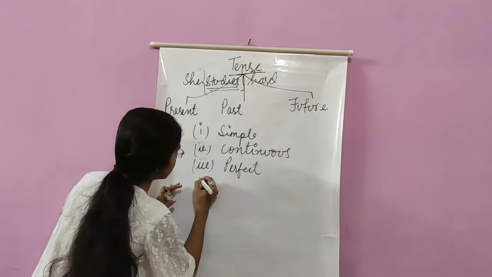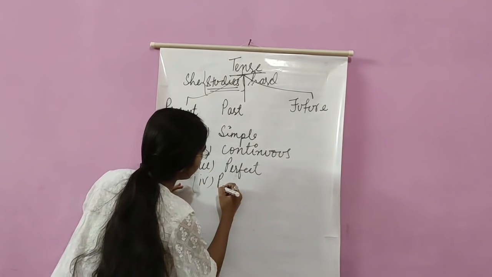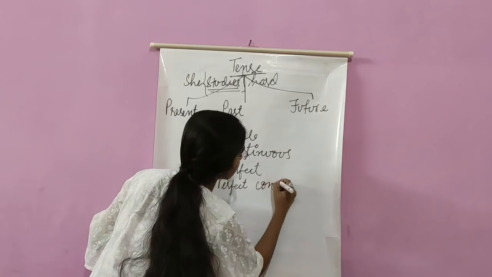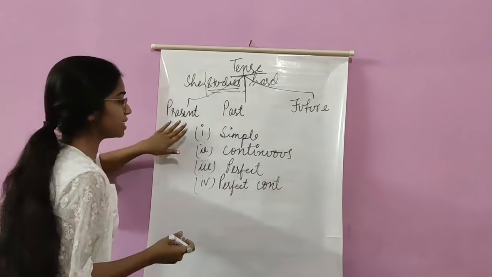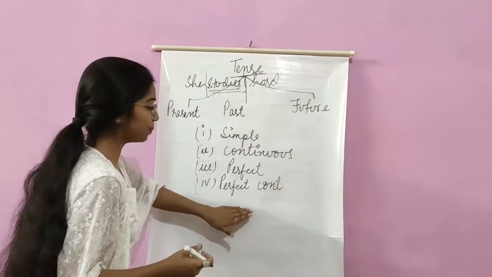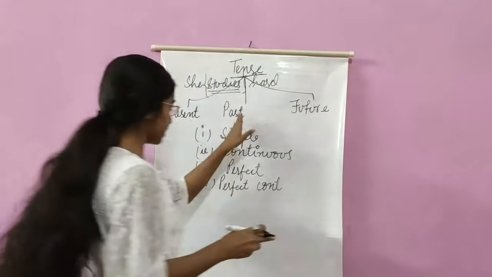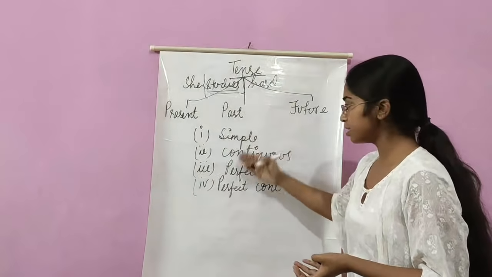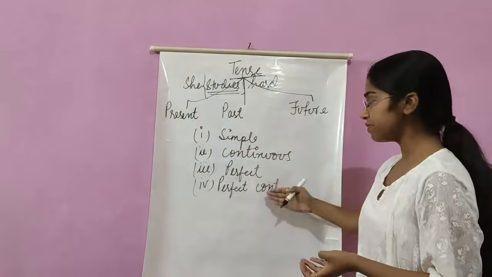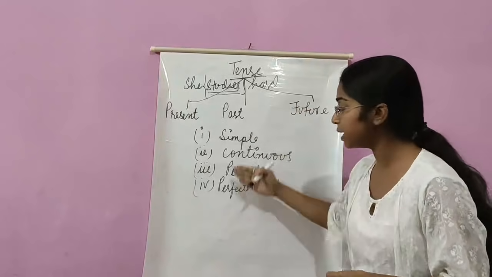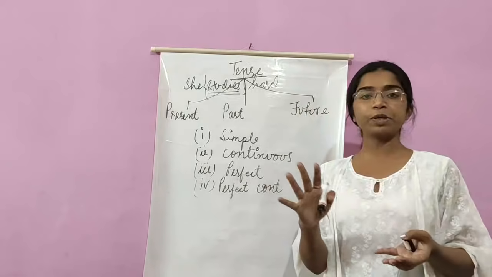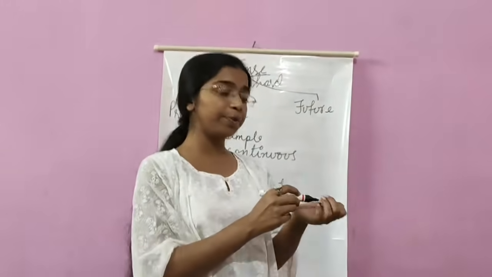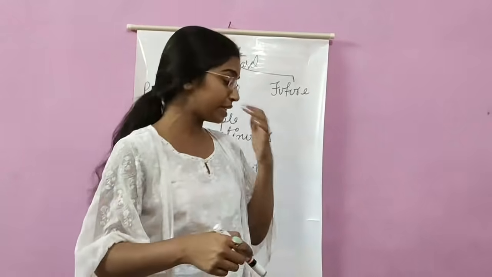And the last is perfect continuous. If it is present tense, we have simple present, present continuous, present perfect and present perfect continuous. The same goes for past and future as well. We'll have simple past, simple future, past continuous, future continuous, past perfect, future perfect, past perfect continuous and future perfect continuous. I hope up till here you don't have any doubt, and you have even done it in your previous, basic classes.